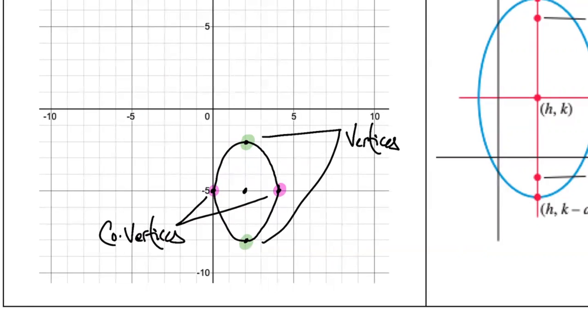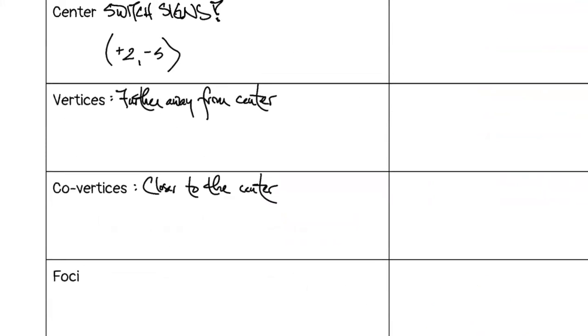Okay, so that must mean that they have different y values, right? In fact, from here, what did you add to the y value to get the green vertex up here? We added 3. Okay, and how did we get from the center down here? We subtracted 3. Brilliant.